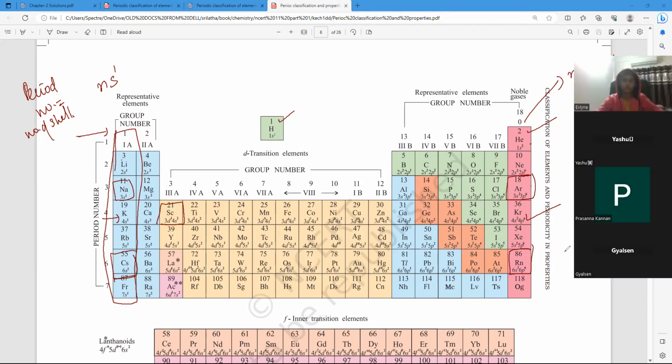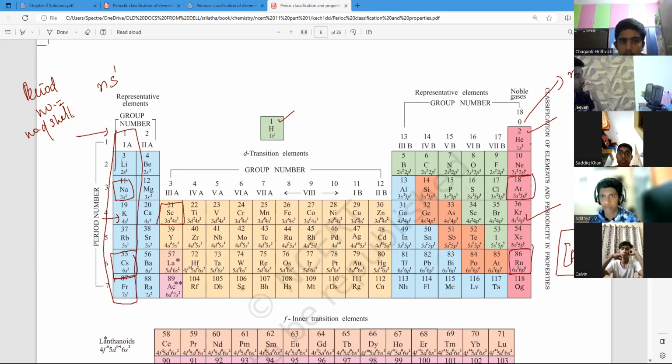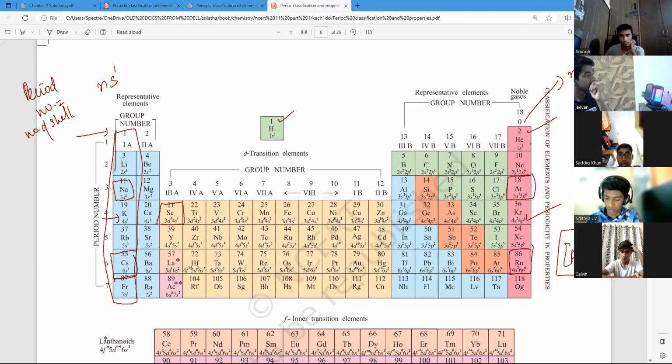If I asked you one question: can you tell me what is a valence shell in this configuration? Is it 2? Come again? Okay, what do you mean by valence shell?